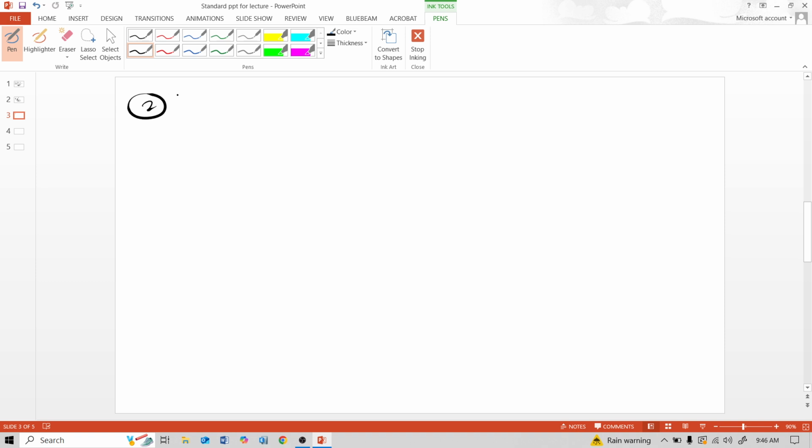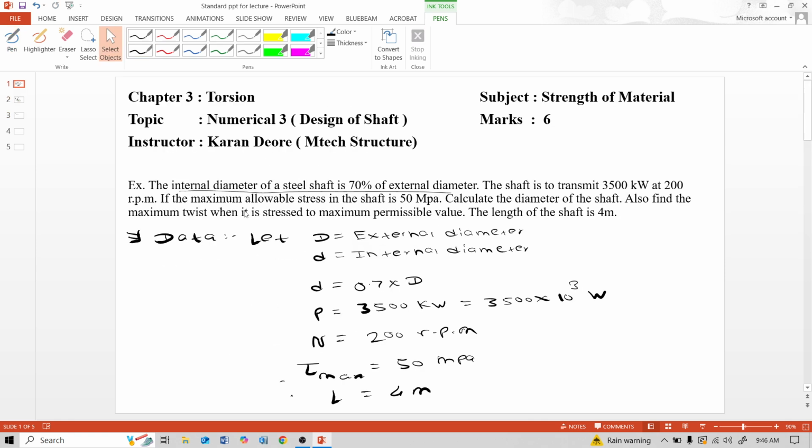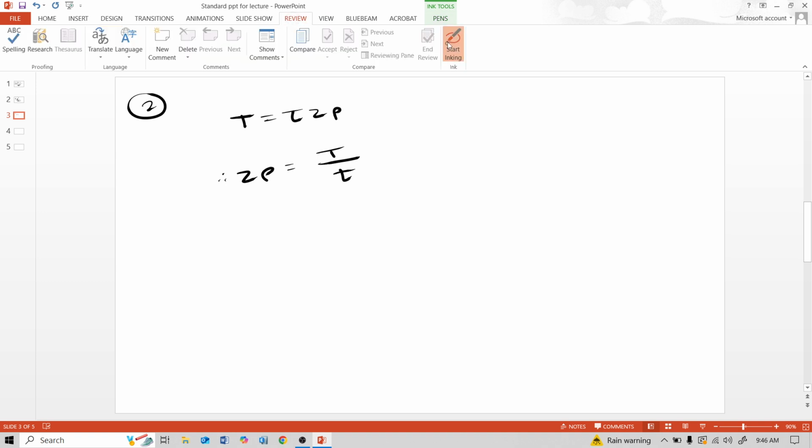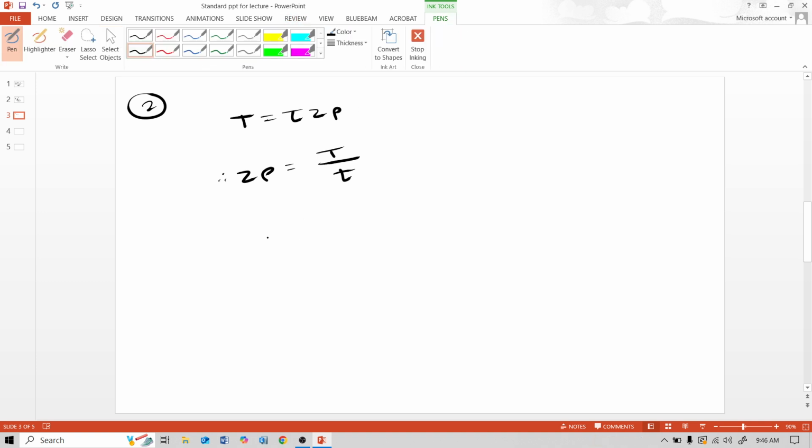So the next step is, by using T is equal to tau multiplied by Zp formula, we get Zp is equal to T by tau. And this Zp is for a hollow steel shaft. That means this Zp we had seen in one of our last lectures.